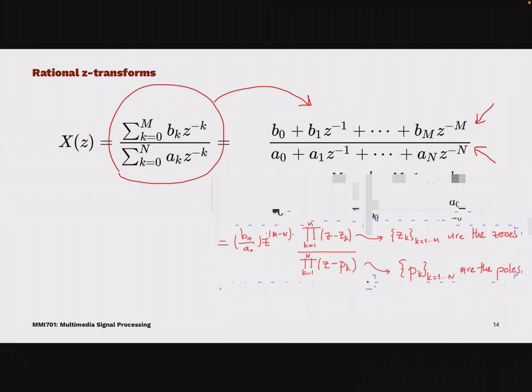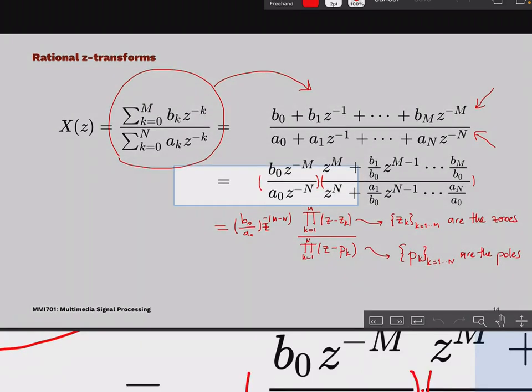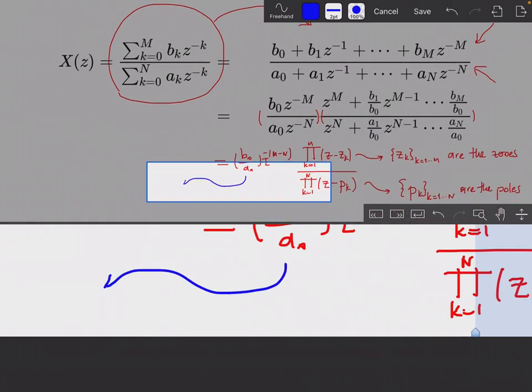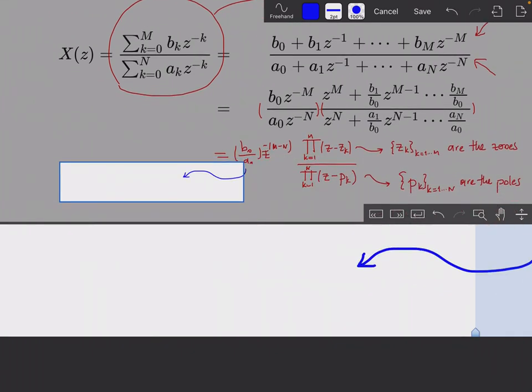Okay, so how about the first part? Just write it with blue color about this first part. So if n is greater than m, that is the denominator order is greater than the numerator order, then we have absolute value of m minus n zeros at the origin.